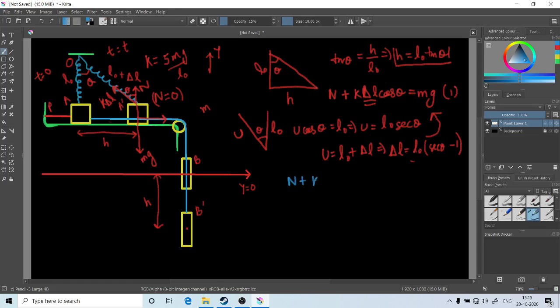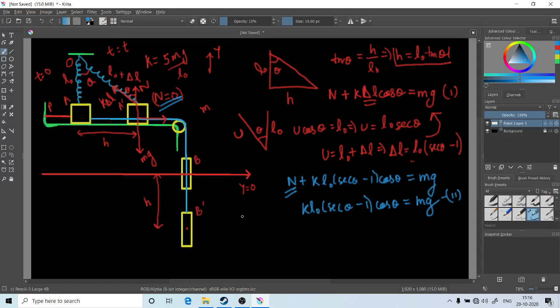So putting this value in this equation in place of delta L, we get N plus k L0 (sec theta minus 1) cos theta equals mg. We forgot cos theta earlier. At the point of breaking off the plane, N equals 0. So we get k L0 (sec theta minus 1) cos theta equals mg. This is the second equation.